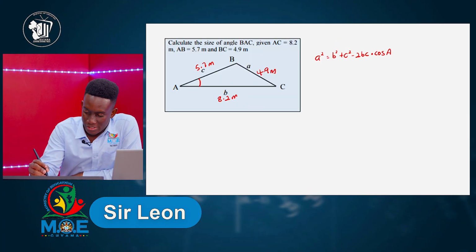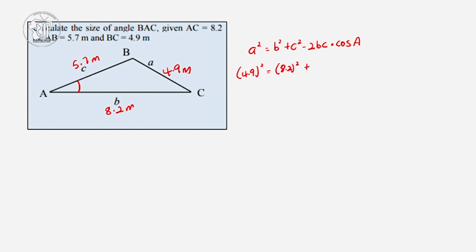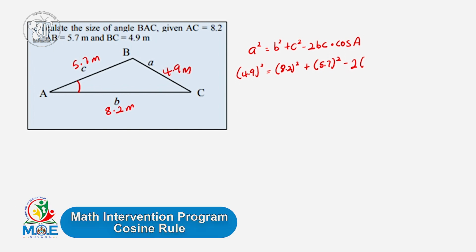So we know A is 4.9 squared is equal to B, which is 8.2 squared, plus C squared, which is 5.7 squared, minus 2 multiplied by B, which is 8.2, multiplied by C, which is 5.7, multiplied by cos, and the A that we want to find.